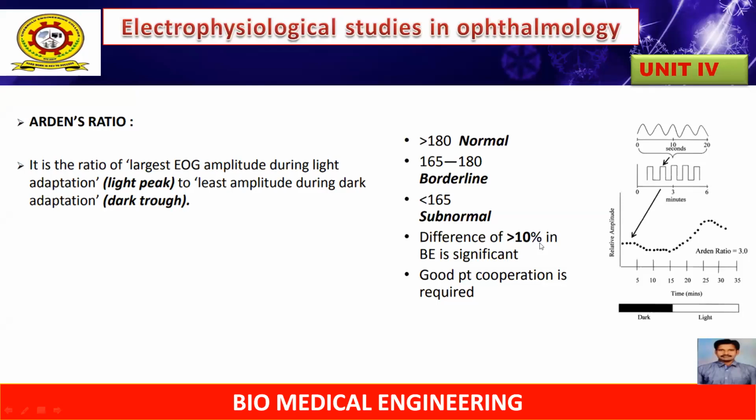When this value is greater than 180, it is normal; 165 to 180 is borderline; less than 165 is subnormal. So the Arden ratio parameters are classified as normal curve, subnormal curve, and flat curve. Approximately, an Arden ratio less than 125 will also be taken as a flat curve, or simply called a flat Arden ratio.